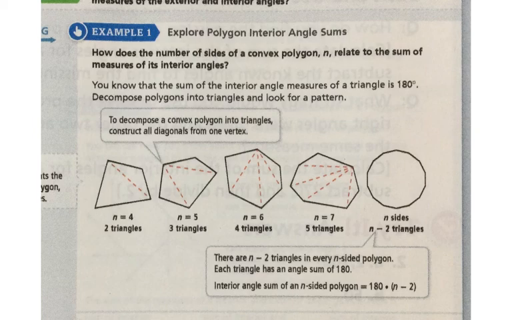Alright, so let me ask you a question. In a 10-sided figure, how many triangles would there be? 5. Okay, so I've heard 5 and I've heard 8. Defend your answers.